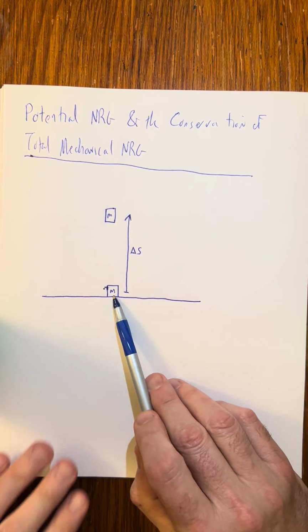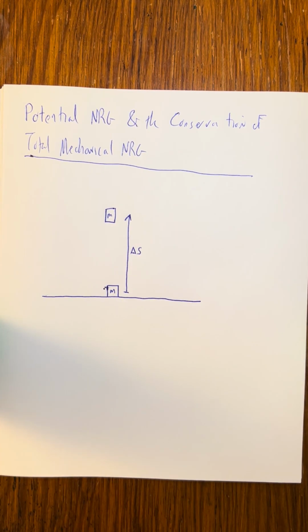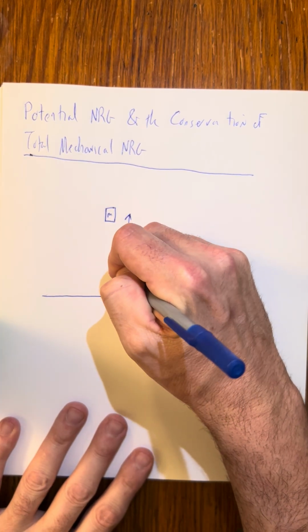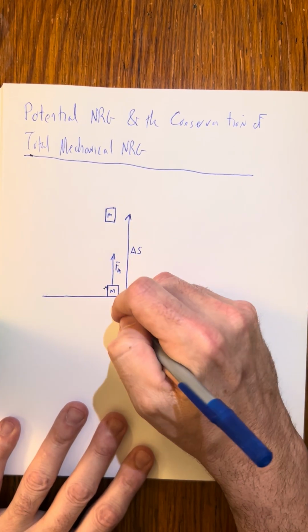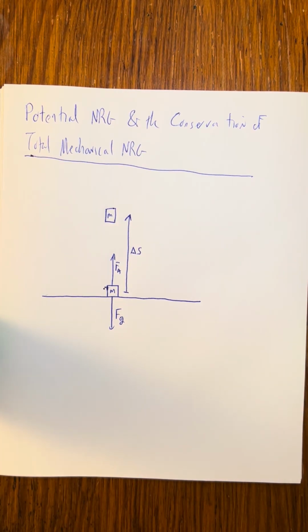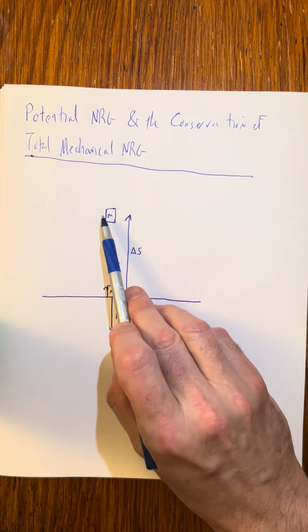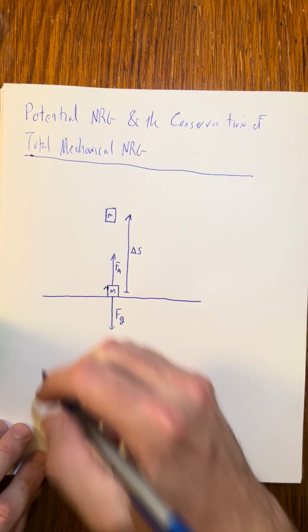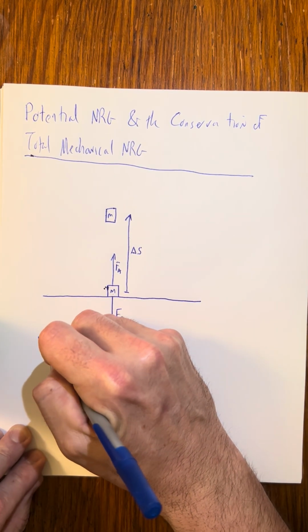So we know in order to go from here to here, that's not going to happen naturally. Some force would have to do work in order to get that object up there. So let's say I apply a force like this, and it does work to get me up there, and I know that the gravitational force is acting simultaneously. And so if I lift the object from here to here, I am doing work, and gravity is doing work. So let's talk about the work done by the applied force here.